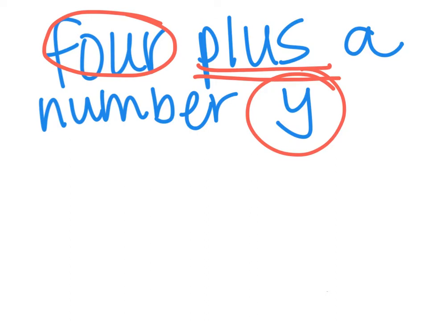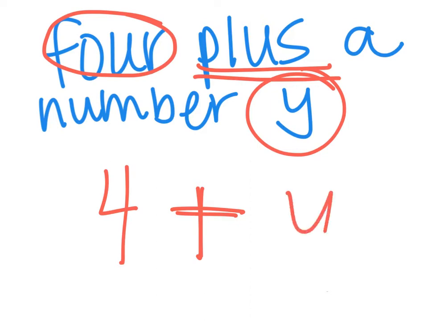So in this case I have the key phrase plus, and I know that plus means I need an addition sign. So reading this whole thing back to myself, I have 4, I'm going to write that as a number, plus, I have my plus sign, a number y. 4 plus y is the algebraic expression that would represent this word phrase up here.